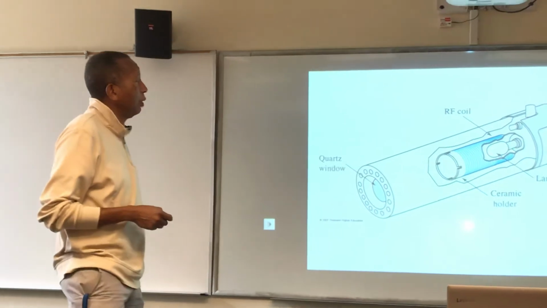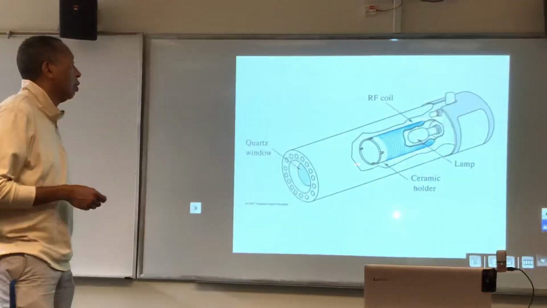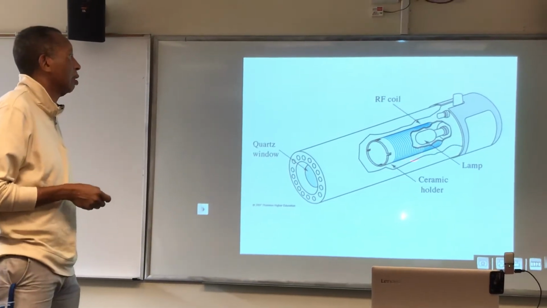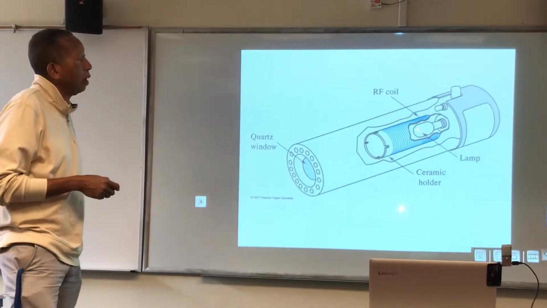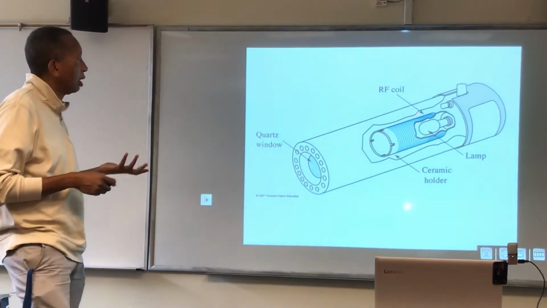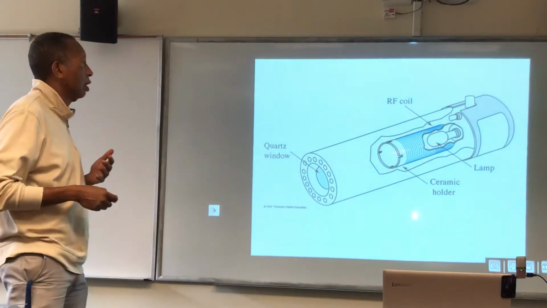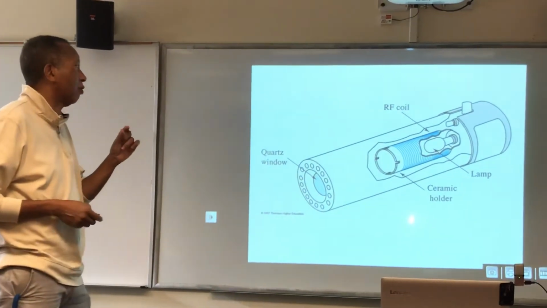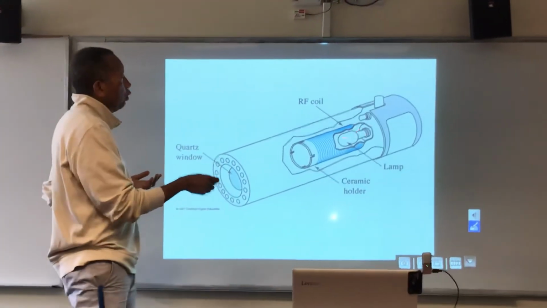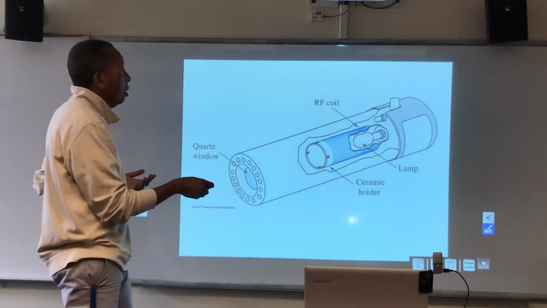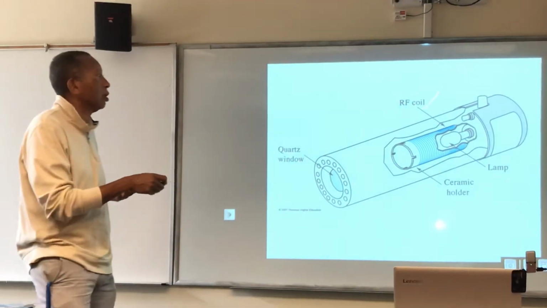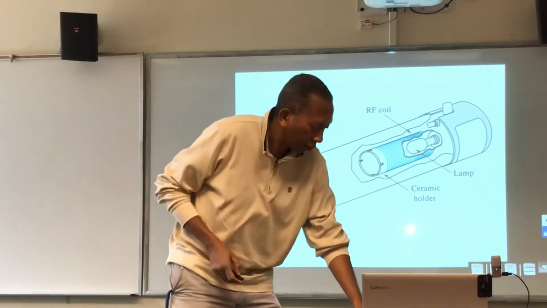We have a lamp here, we have a ceramic holder, we have the metal in there, but we're applying a radio frequency to the system here, that's the lamp. And we apply the radio frequency and we do the same thing. We excite the molecules from the ground state to the excited state, and the radiation that's produced has a very narrow effective bandwidth. So the metal of interest is in this lamp, but instead of having electrical potential to excite it, we use a radio frequency.